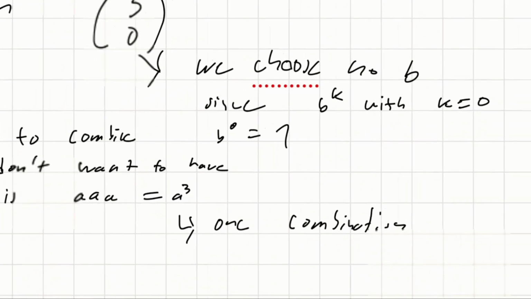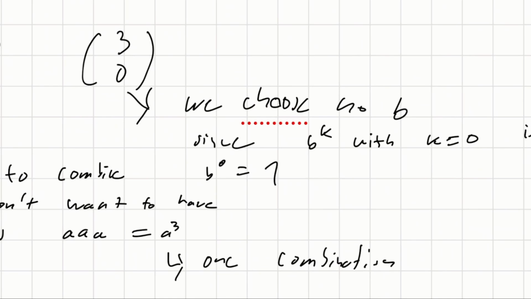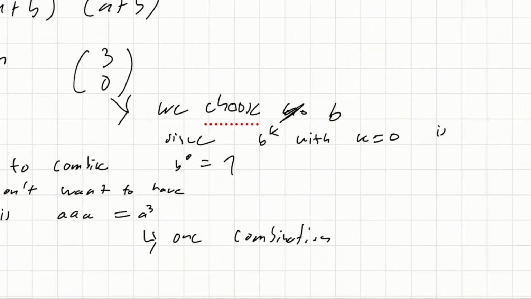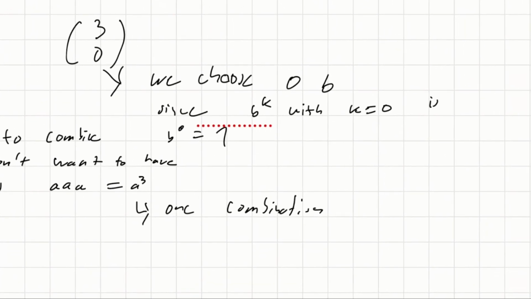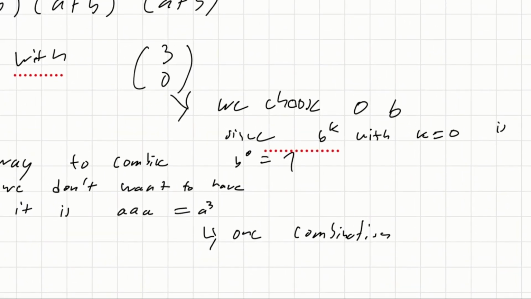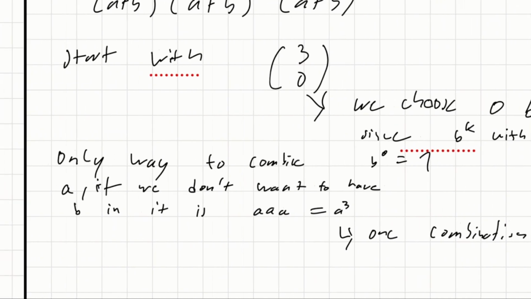We choose 0 b's, since b^k with k equals 0 is b to the exponent of 0, which equals 1.